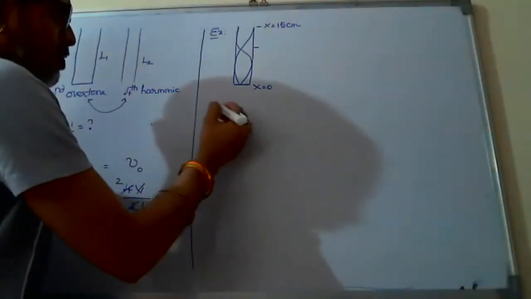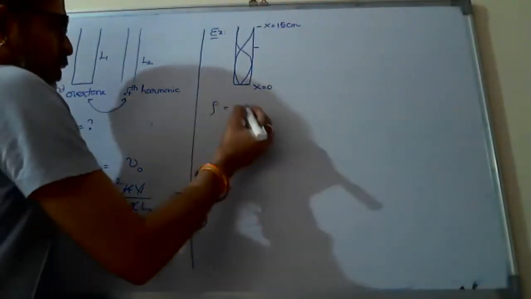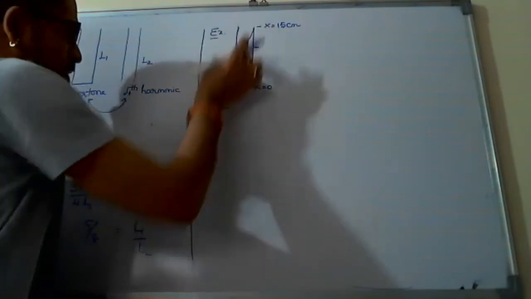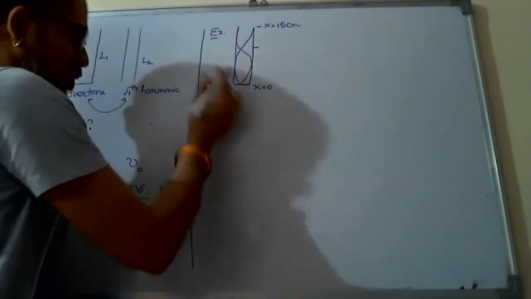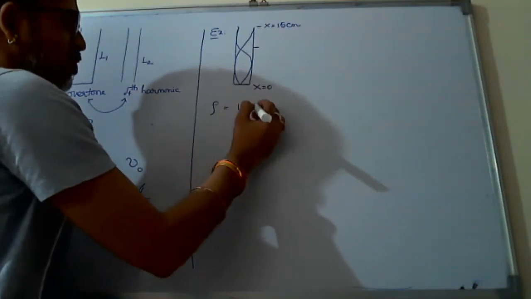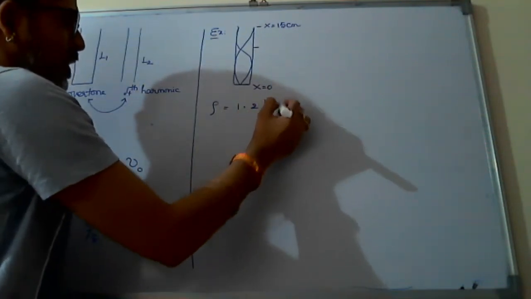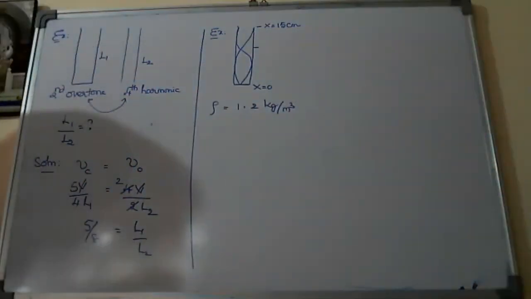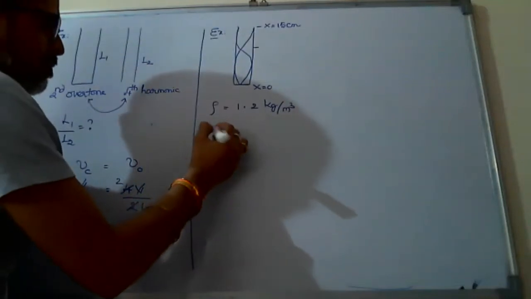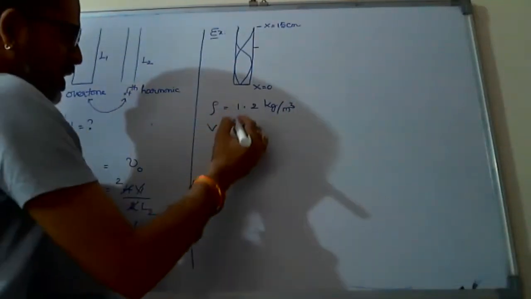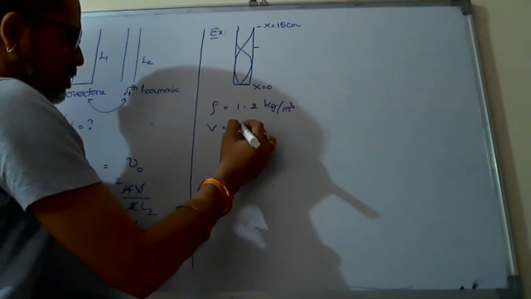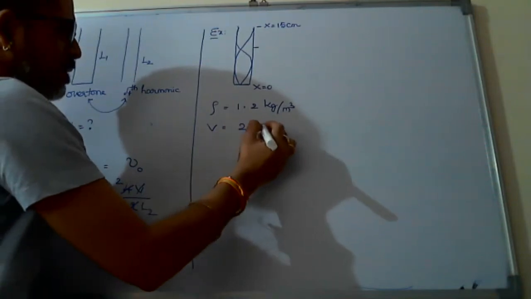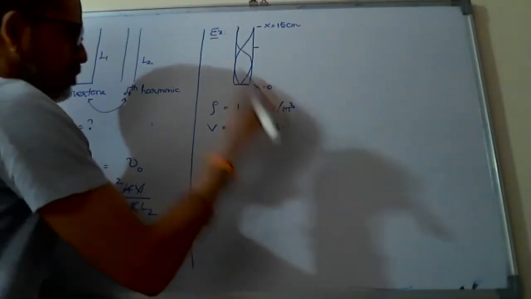Density of the air inside the closed pipe is given as 1.2 kg per meter cube. And the velocity of the longitudinal wave produced there is some, he gave 20 meter per second.